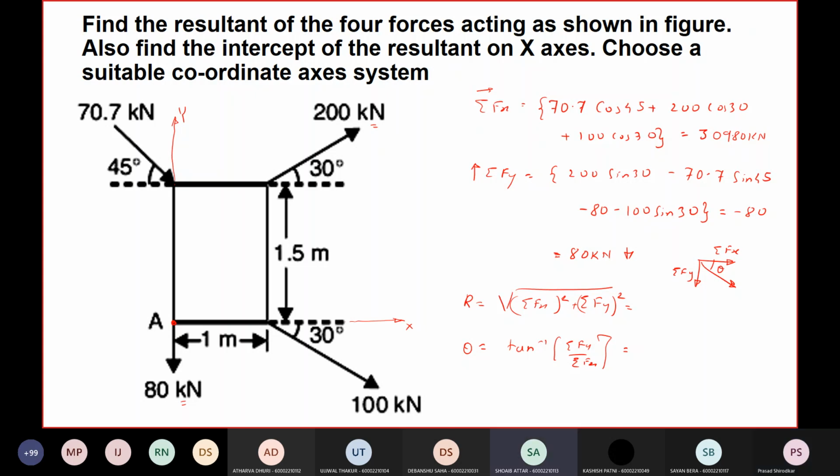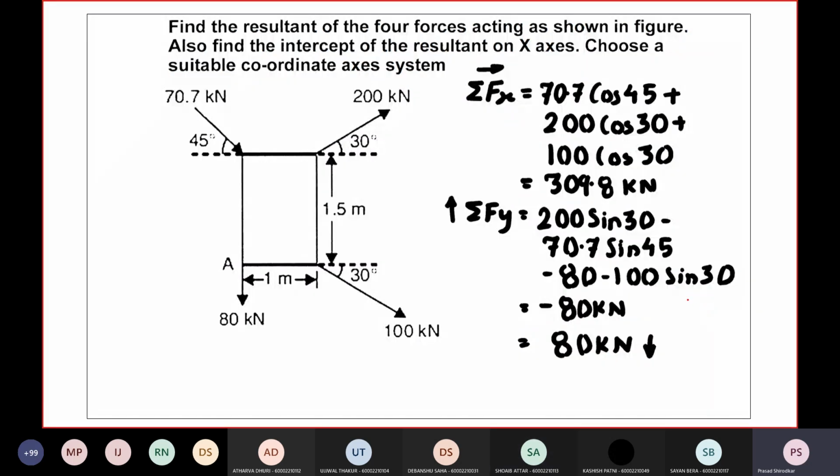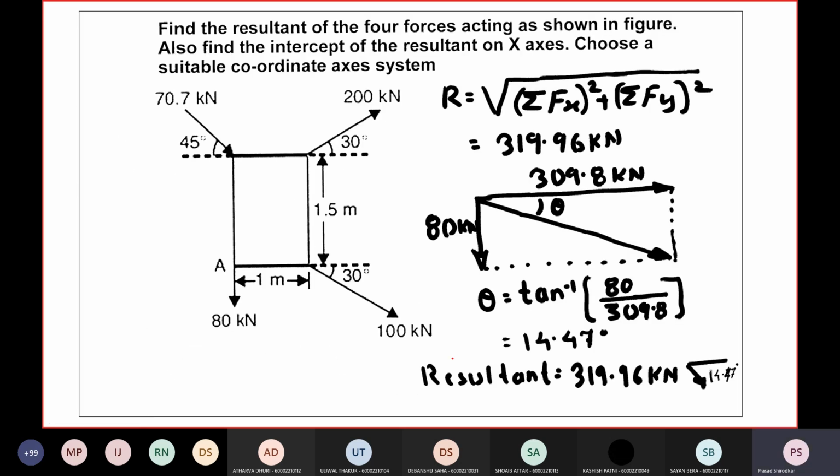So resultant is 319.96 kilonewton, and theta is 14.47. Okay, 14.47. Right. Now they have also asked you to calculate the x-intercept.